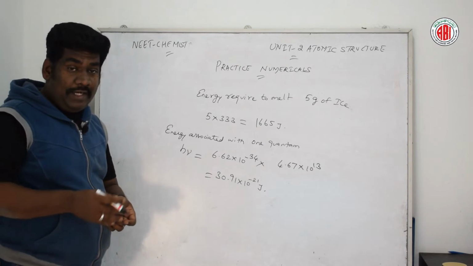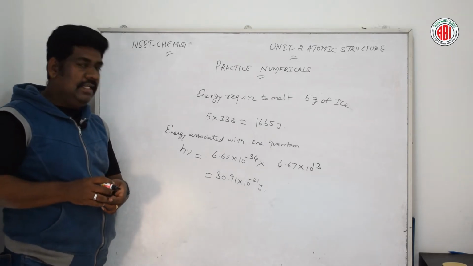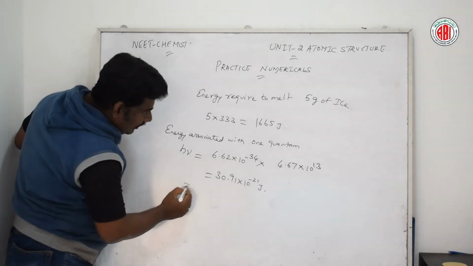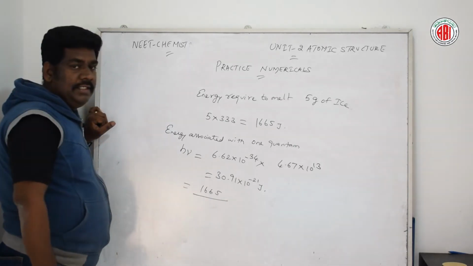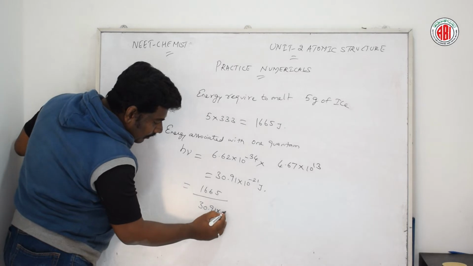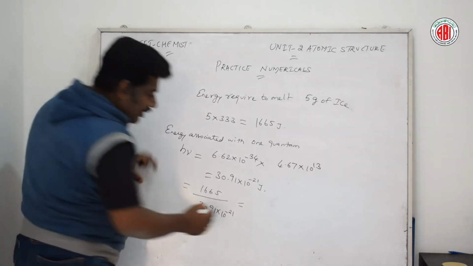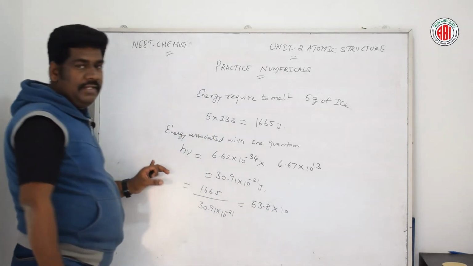Now the number of quanta required to melt 5 gram of ice. Let us see how to do this. That is nothing but 1665 joule divided by 30.91 into 10 to the power of minus 21. Simplifying this, we get 53.8 into 10 to the power of 21.